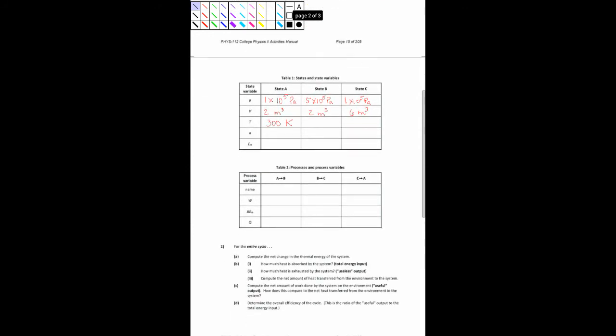Now the easiest thing to do right now is to get a value of n. Little n here is the number of moles of the ideal gas we have. And if you look at state A, we have 3 out of the 4 state variables. We have pressure, volume, and temperature. So we actually have enough information to get the number of moles quite easily.